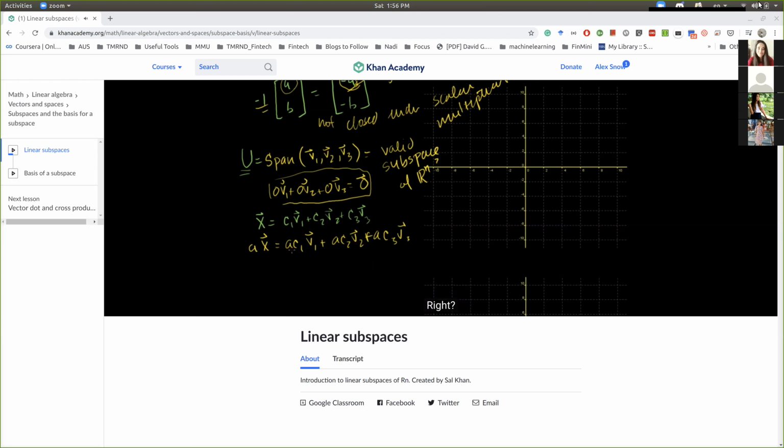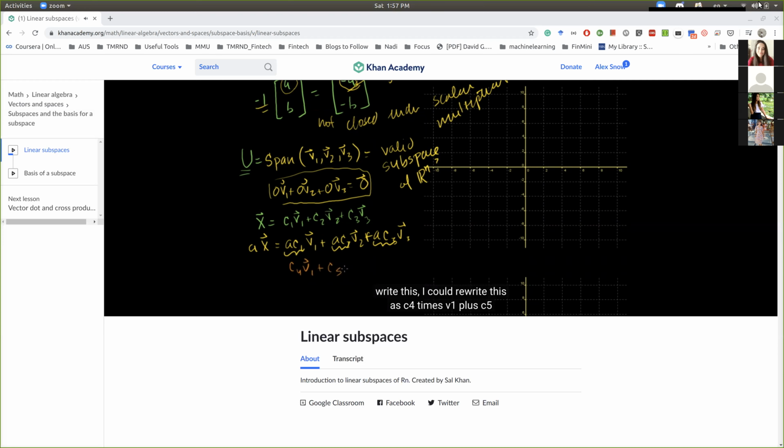If this was an arbitrary constant, you could just write this as another arbitrary constant, and this is another arbitrary constant, and this is another arbitrary constant. And I want to be clear, all I did is I just multiplied both sides of this equation times a scalar. But clearly, this expression right here, I could rewrite as c4 times v1 plus c5 times v2 plus c6 times v3.